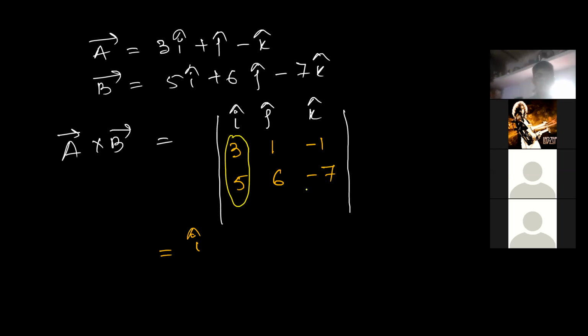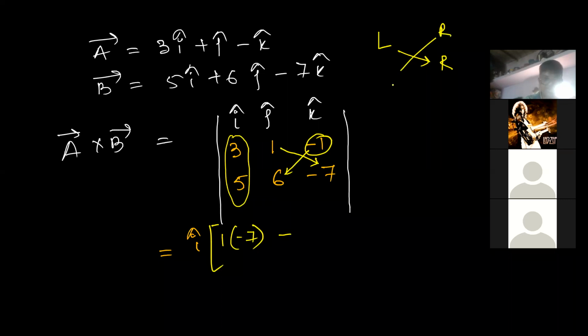Then at first you have to do the cross multiplication from the left end towards the right end. That means 1 should be multiplied with this -7. Then you should give a minus sign. Then you multiply from the right end towards the left end. So at first, left to right, then right to left.